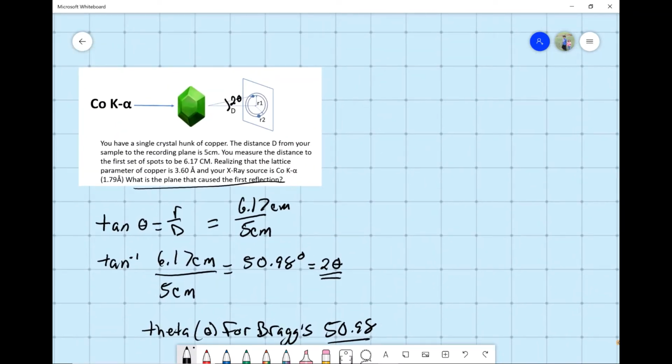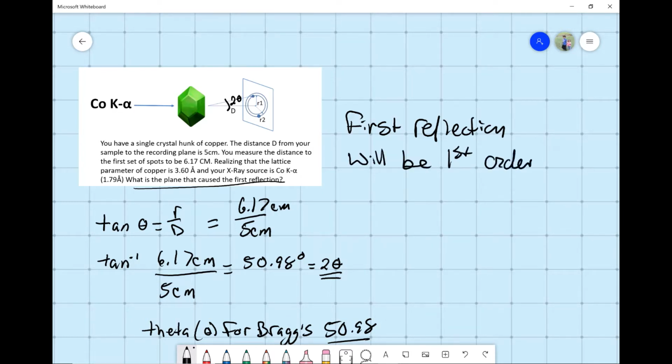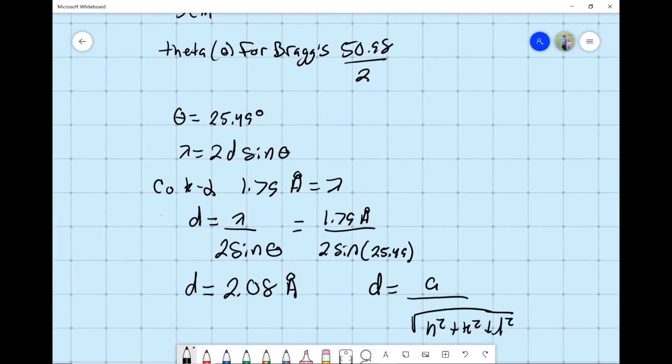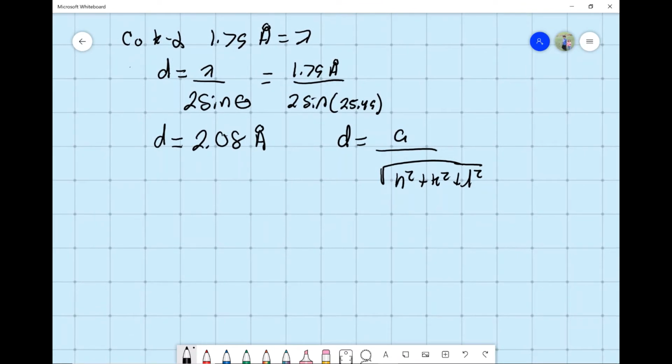This first reflection is going to be a first order, so it's going to be 111, 100, or 110. I didn't do that in order. I should have done 111, 110. But anyway, it's going to be one of these 3 flavors, and it doesn't matter which one because it's all the same family.